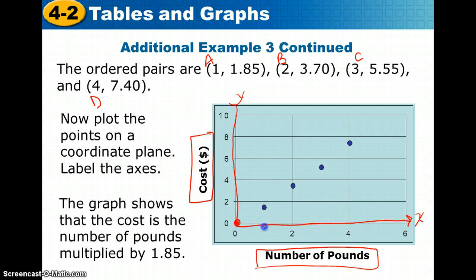So 1 kind of falls between the 0 and the 2, and here's about $1.85, so that was our A. 2 pounds, about 3.70, a little bit below 4, that was our B. Again, between 2 and 4 is 3. 3 pounds, pretty close to the middle of 6 and 4, that should have been your C. And our 4 pounds, almost to $8, and that should have been your D. Did yours look like ours?